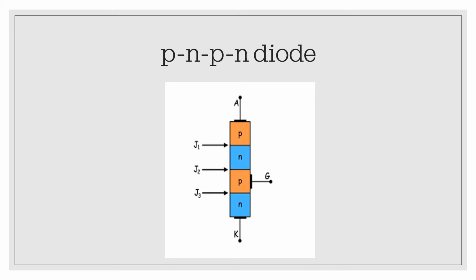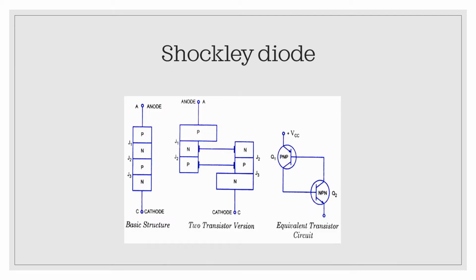So far, while discussing the PNPN diode, we have forgotten the use of this third terminal. This is actually known as the Shockley diode, named after the scientist who discovered it, and here is the basic structure of your PNPN diode.